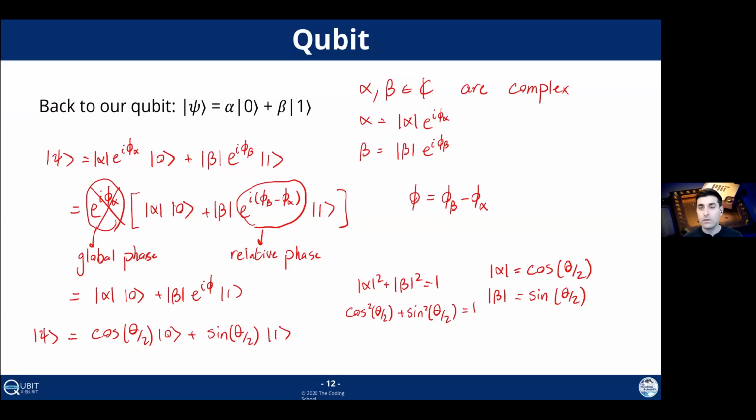And of course, let's not forget about the phase, e^(i phi). So we went from representing the state of the qubit as alpha times the 0 state plus beta times the 1 state to cosine of some parameter theta divided by 2 times 0 plus sine theta divided by 2 times the phase times the 1.